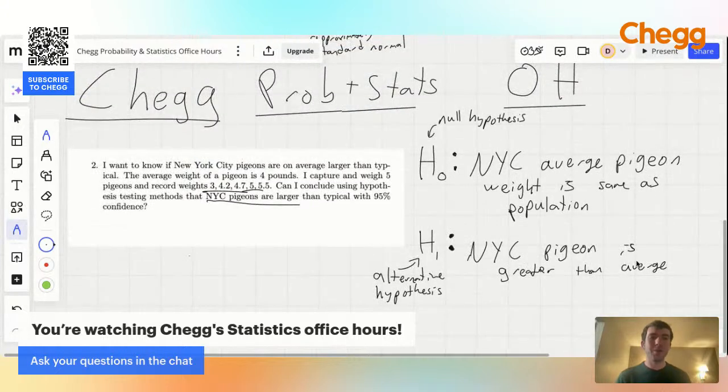Okay, so Potato on TikTok is saying sample mean is around 4.48, standard deviation around 0.952.